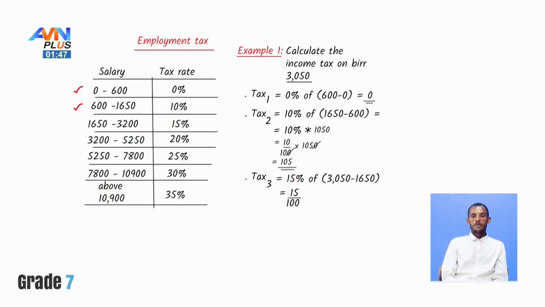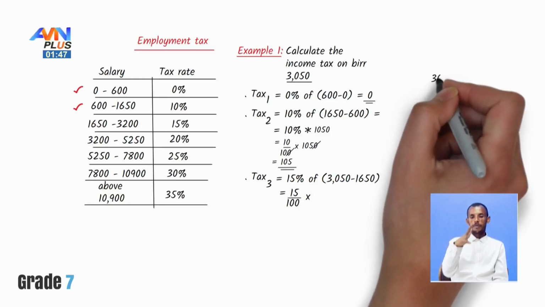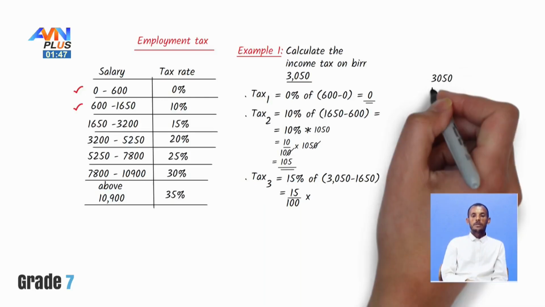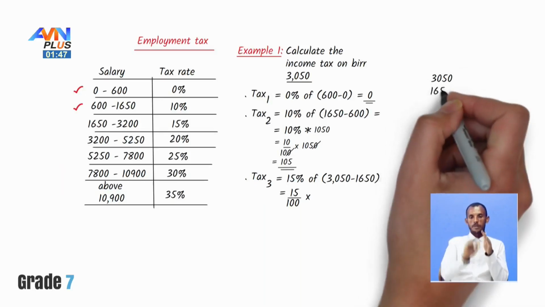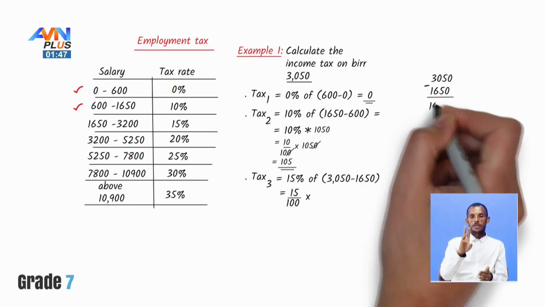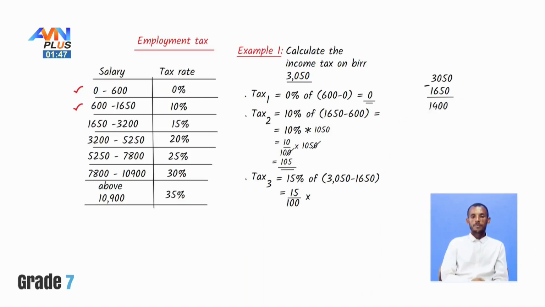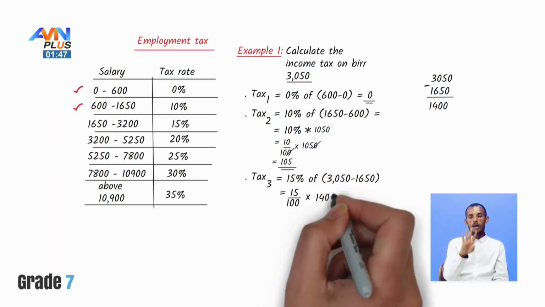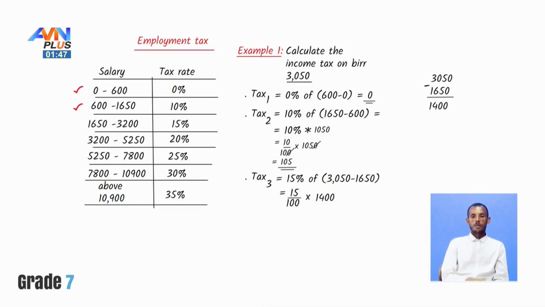So this will be equal to 15 over 100 times the difference of the two, 3,050 minus 1,650. 0, 0, 10 minus 6 is 4, and 2 minus 1 is 1.